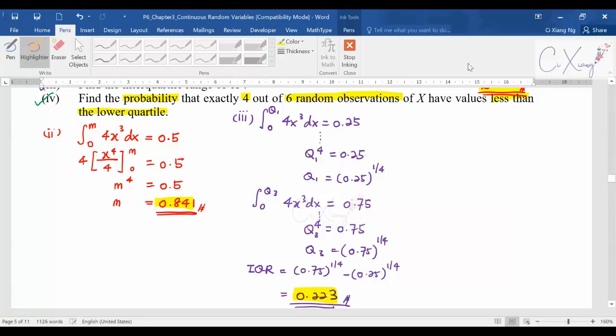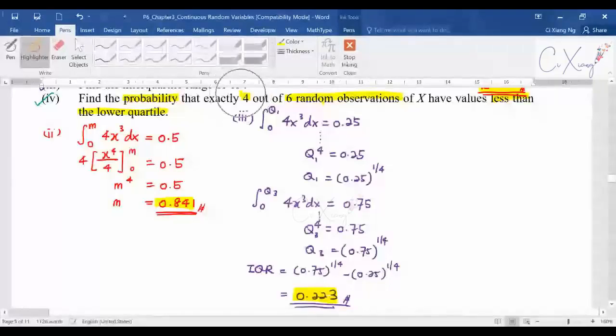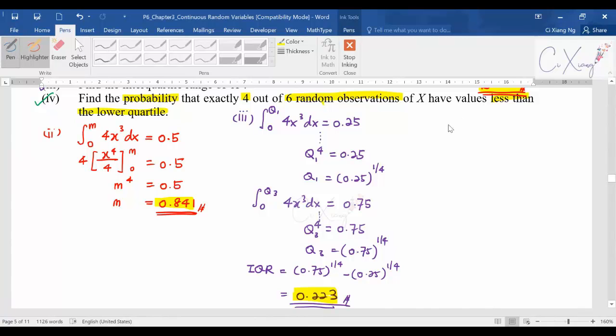Okay, so when you look at this one, I don't know whether you realize or not, it is actually a binomial structure, because from 6 random observations, 4 of them, something happened. So this is a structure for a binomial question. Generally, it is binomially distributed.